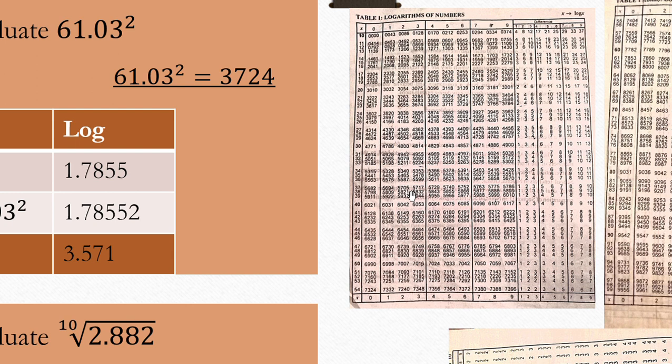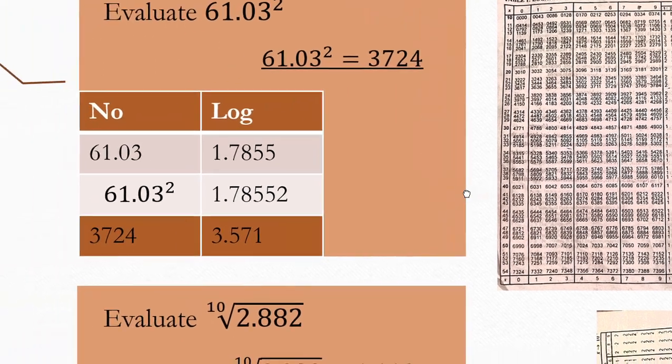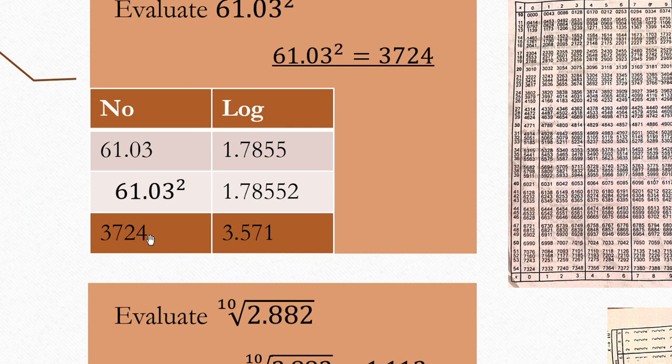That will be 37 under 2. Then difference 4. Yes, 7 under 2 difference 4. That's 3724. Remember, we have to add 1 to the integer to know how many digits before the decimal point. So it will be 4. How many digits are here? 4 digits. So that's that.